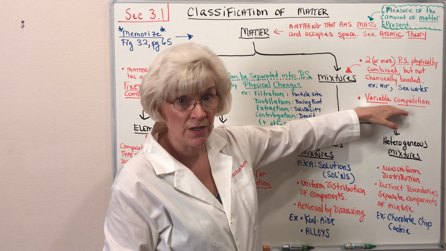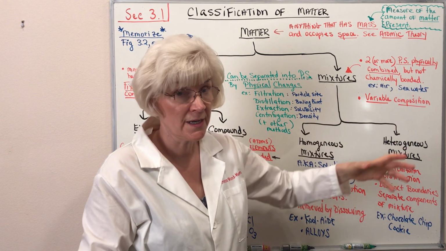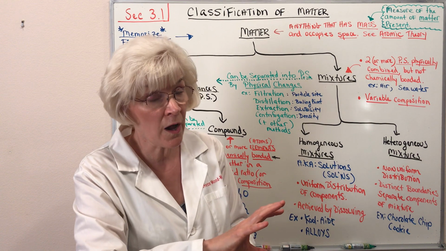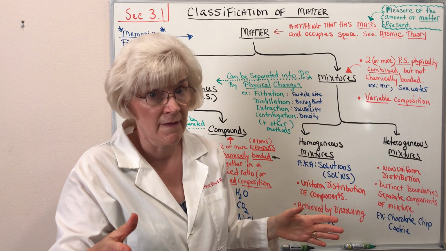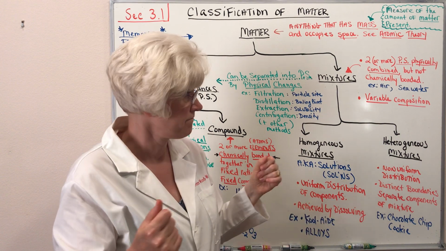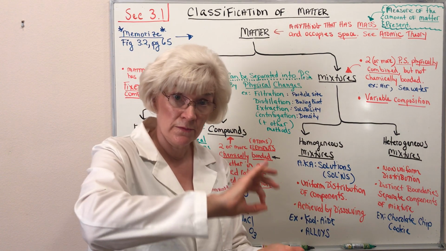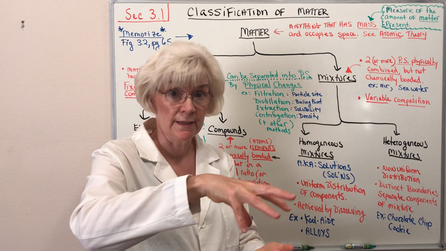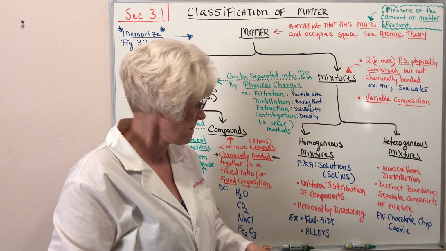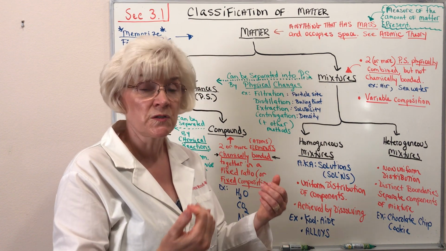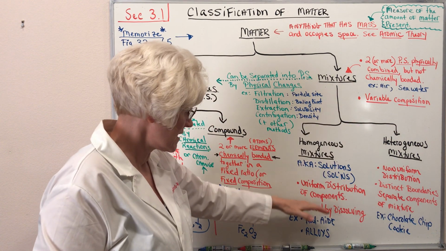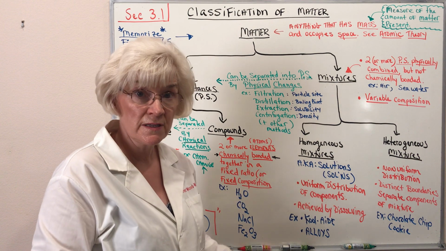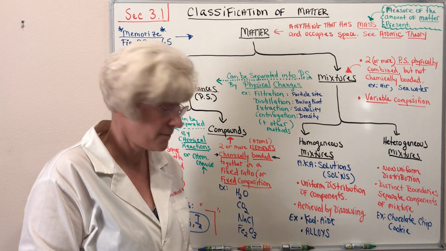Its composition, though, is still variable. All you need to do is add a little more water, stir it, and you've diluted the Kool-Aid so it is less concentrated. Or you could add a little more sugar, stir it until the sugar dissolves, and then you've made the Kool-Aid sweeter, right? So composition can vary, but the dissolving process achieves this uniform distribution.